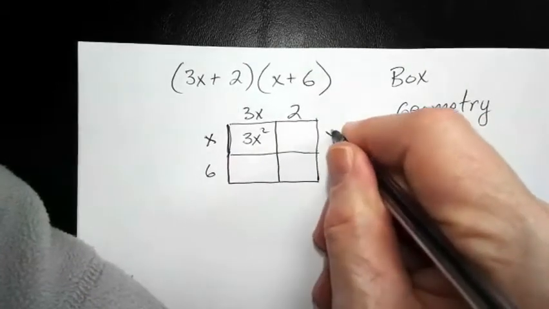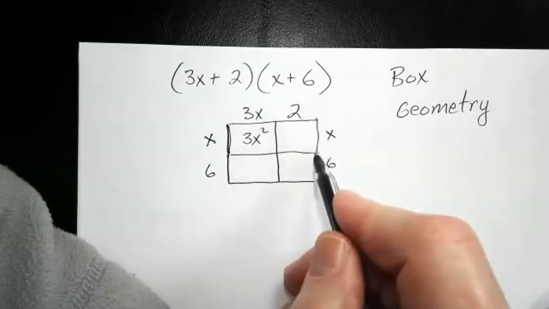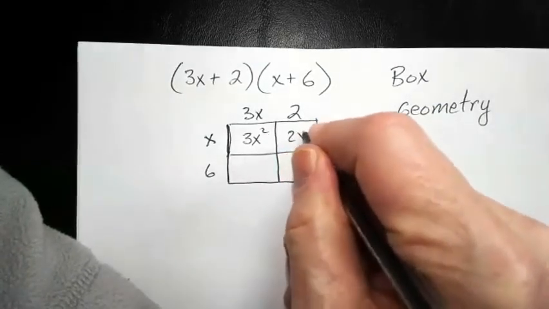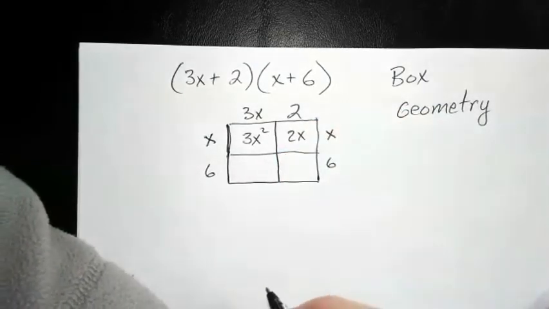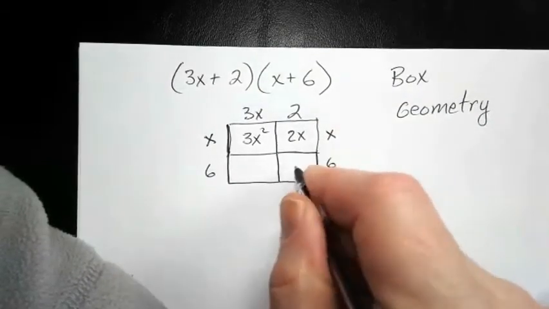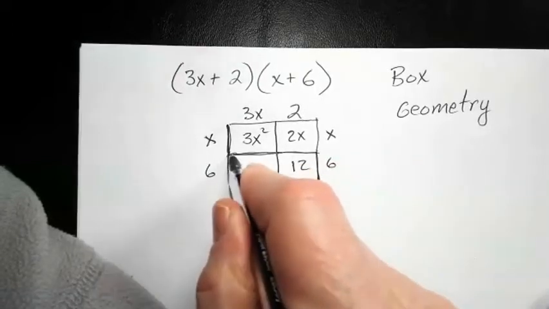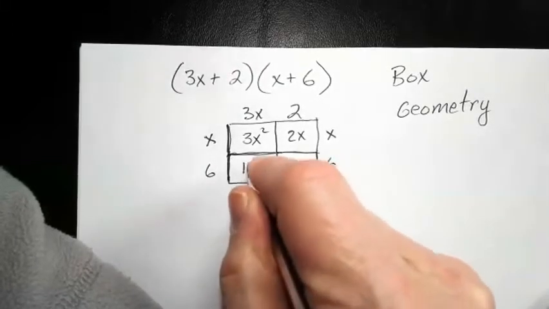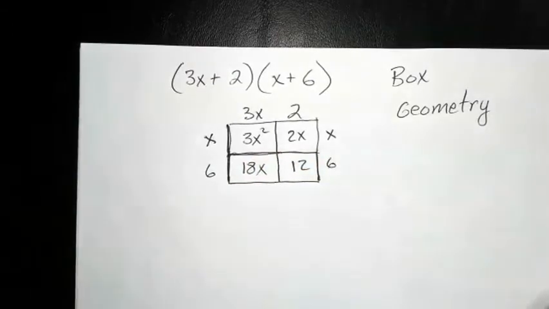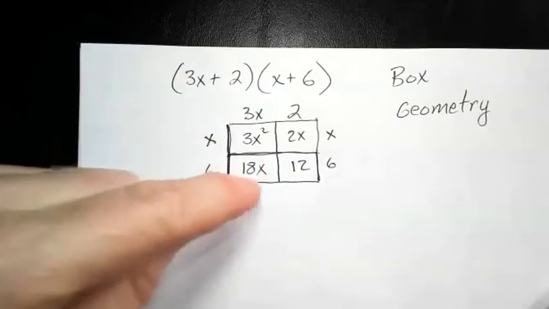And then, by the way, we can write these over here as well. Then you've got this rectangle. This is 2 by x, so 2 times x is 2x. Then we've got this rectangle, which is 2 times 6, so that's 12. And then over here, 3x times 6, this is 18x.